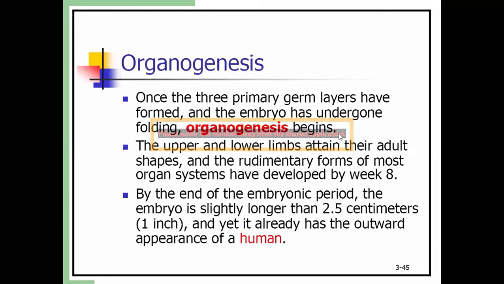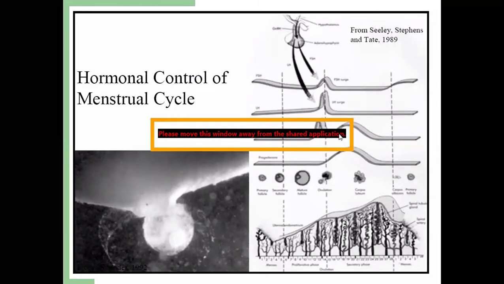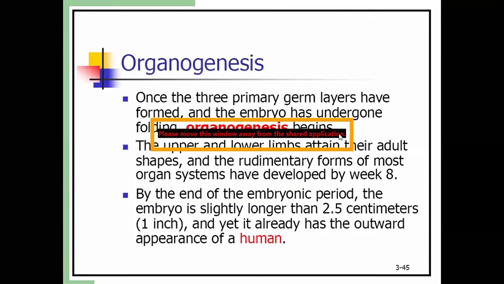So, after, di ba, nag-ano na tayo, gastrulation. So, number 1 is cleavage, then you have gastrulation, then you have your organogenesis, no? Sa gastrulation, formation of the primary germ layers.